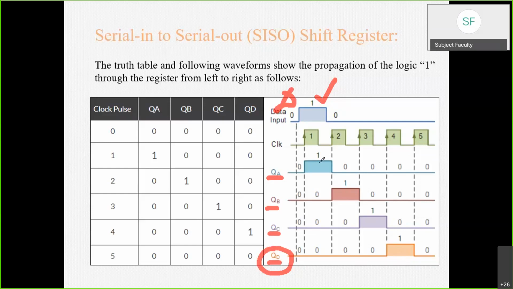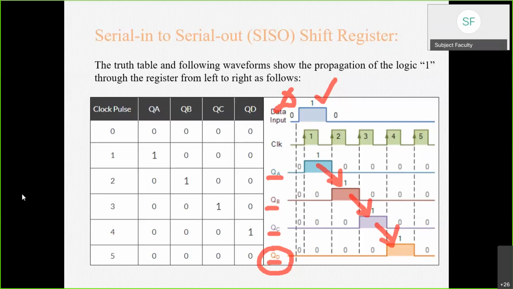So this 1 has been shifted from one flip-flop to another in such a manner, and finally you can collect it at the output. So this is the working of serial in, serial out.